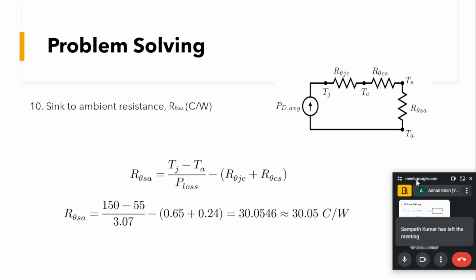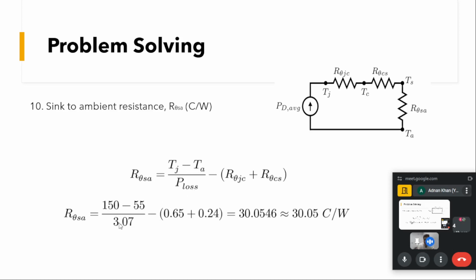So like discussed before, R theta sa will be given by this equation: it will be equal to Tj minus Ta divided by power loss, minus this resistance. We know that the maximum junction temperature is 150 degrees, minus the ambient, which we have to keep at 55 degree centigrade.